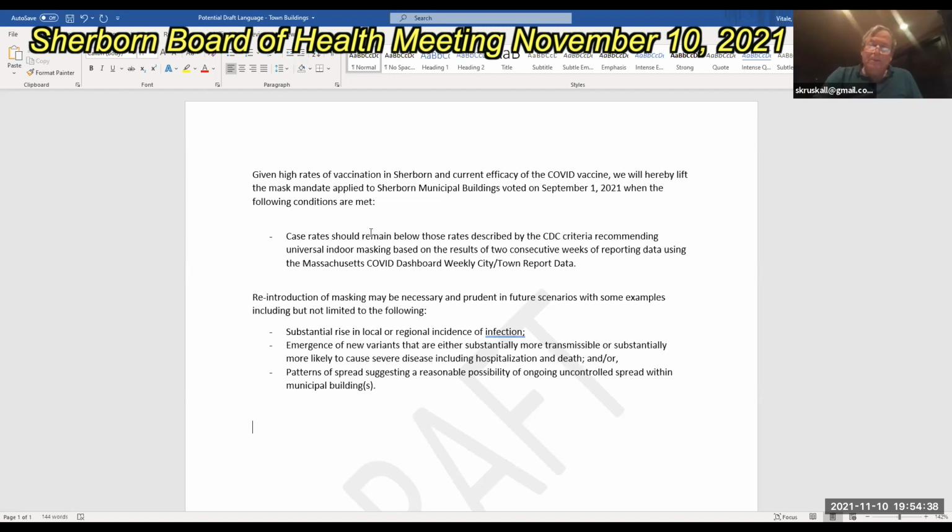I might mention there's still strong support in Dover for masking indoors in public buildings. And I think this is a place where thoughtful people could arrive at different conclusions, and tailoring that to the local community makes a lot of sense.